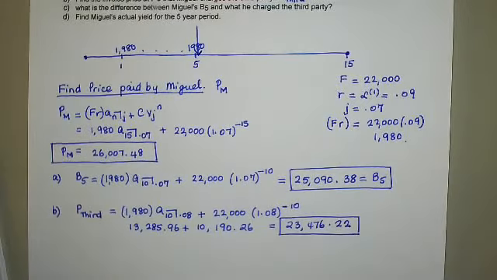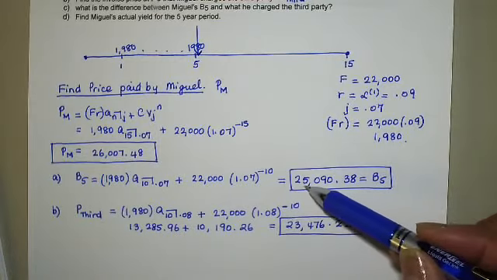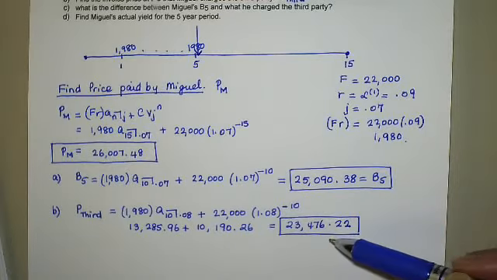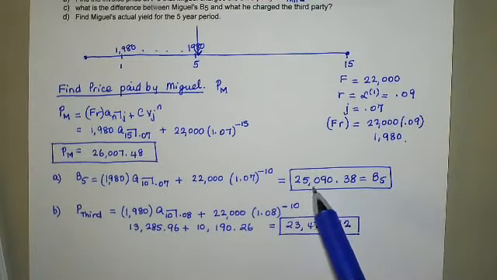Wow. What do you think? Is Miguel a smart dude? Depends? Maybe you just need the money at that time. Miguel's B5 was 25,000, right?